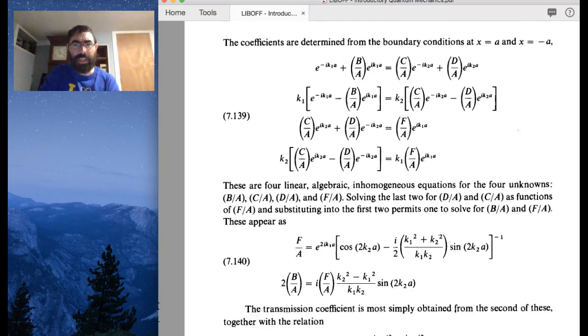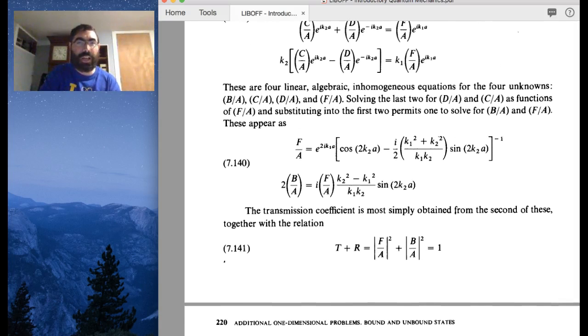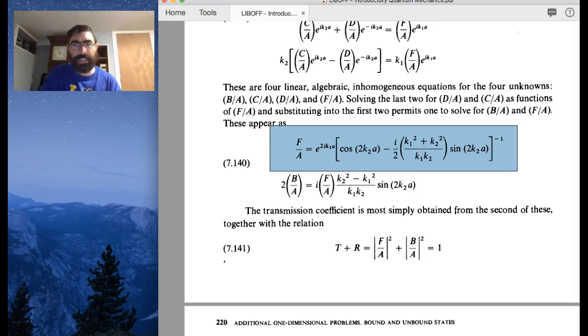We can solve that. And when you do, after a lot of manipulation, which of course I'm leaving out because I just want to follow along in Liboff's text, you get an equation for F divided by A, which works out to be basically sines and cosines. So doing all of that algebraic manipulation, you reduce those exponentials, the e to the i k, to cosines and sines.